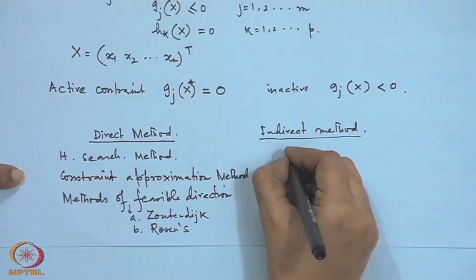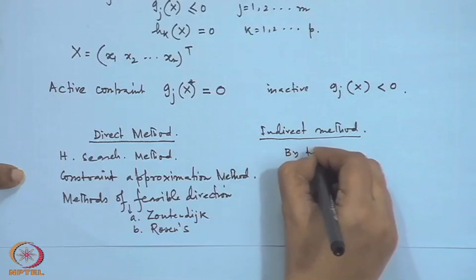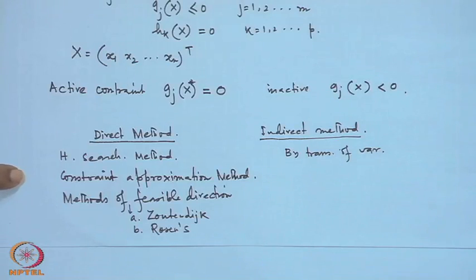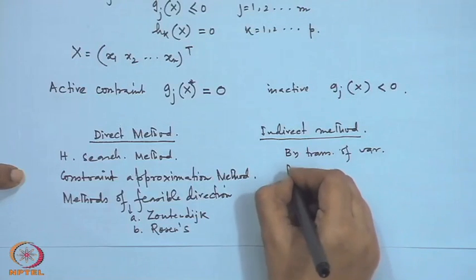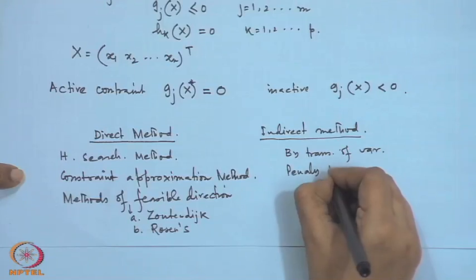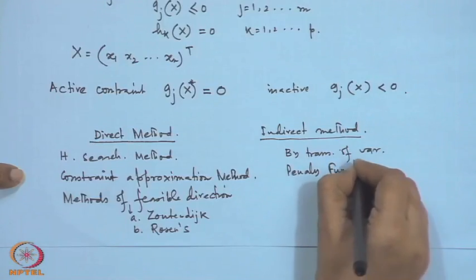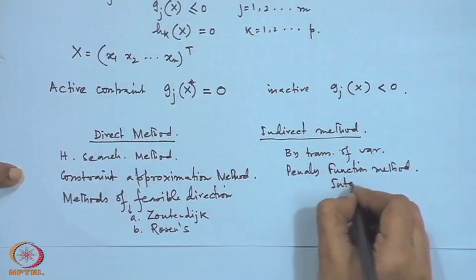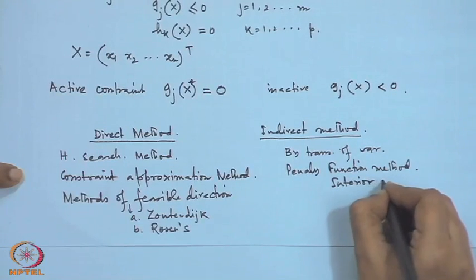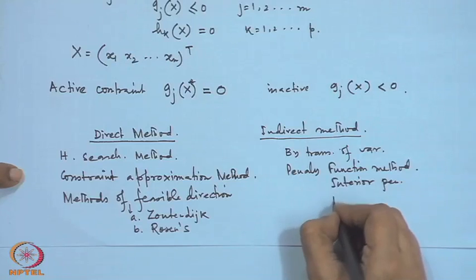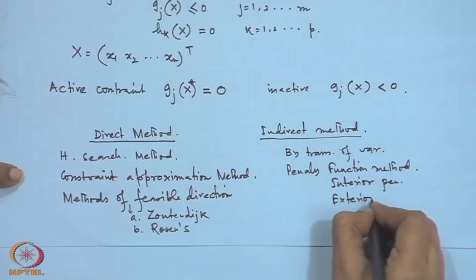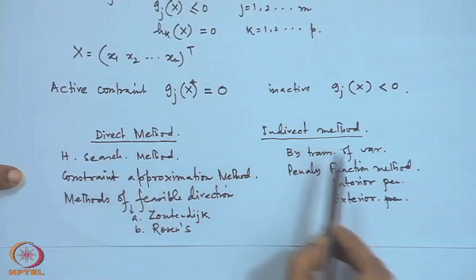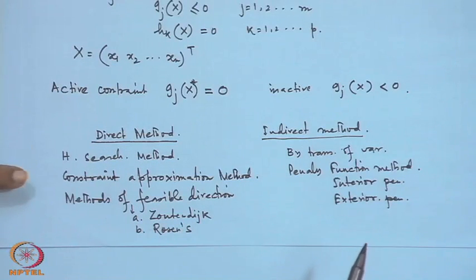By transformation of variables, we can solve the given nonlinear programming problem, and other than this, there is a set of penalty function methods. There are two kinds of penalty function methods: one is the interior penalty function method and another one is the exterior penalty function method. We will discuss both types, the direct and indirect methods, in detail.